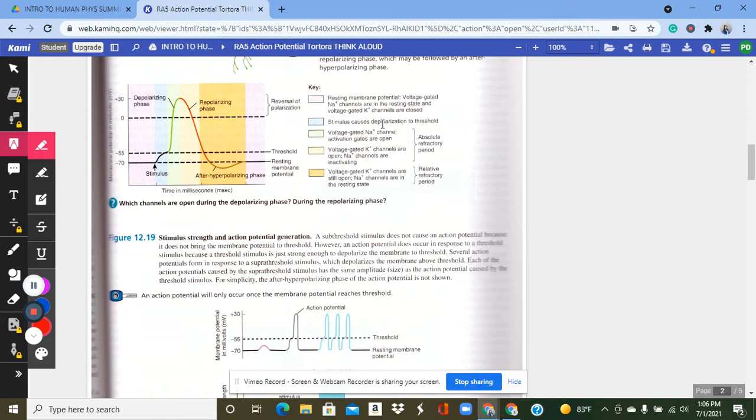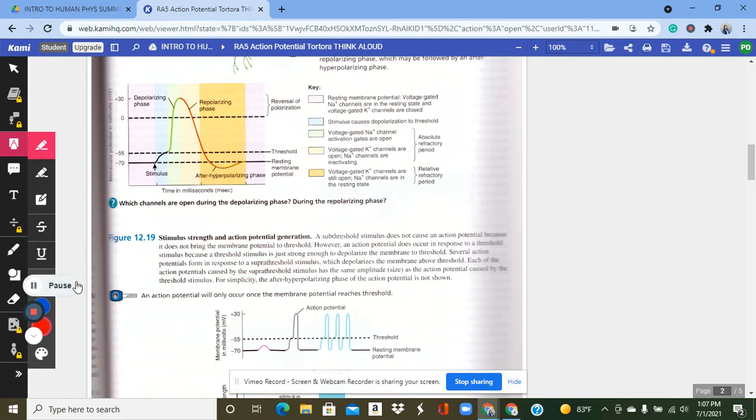It's because the increased positive charge within the cell now causes the potassium channels to open. So yeah, during the depolarizing phase, the voltage-gated sodium ion channels open.